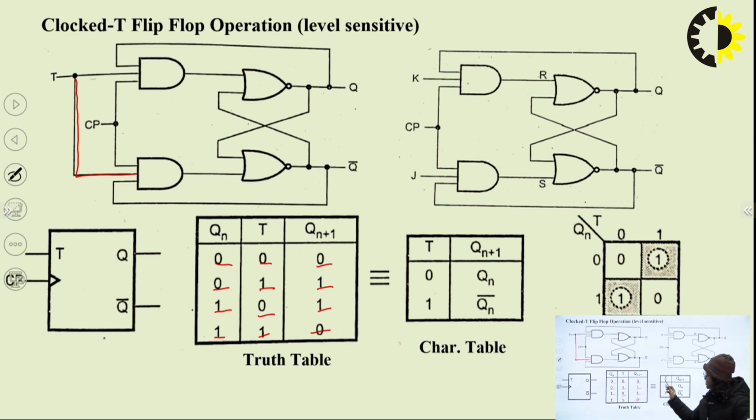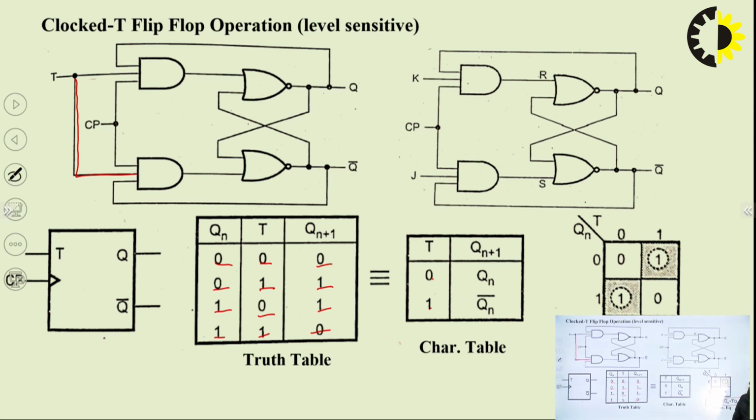We can make this truth table in a smaller form, T and Qn plus 1, for 0 same, and for 1 inverted. And also we can solve this K map in terms of Qn and T. Then the combined equation will be T into Qn bar plus Qn T bar.